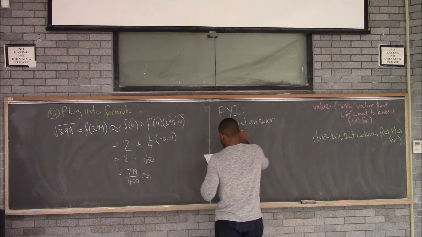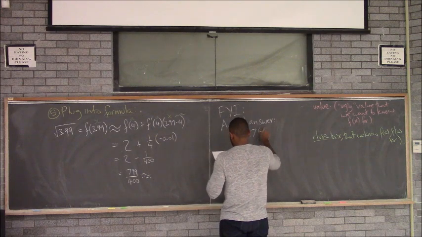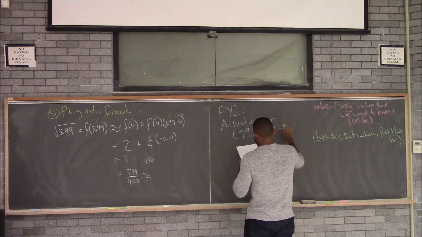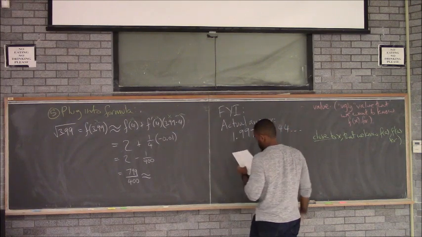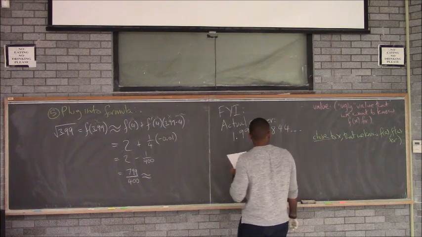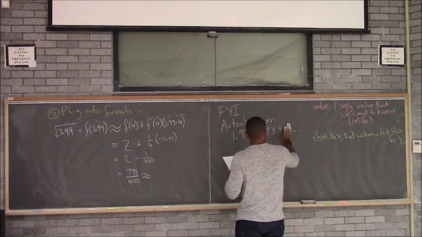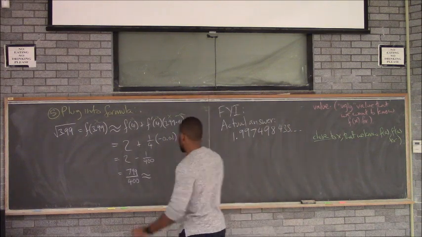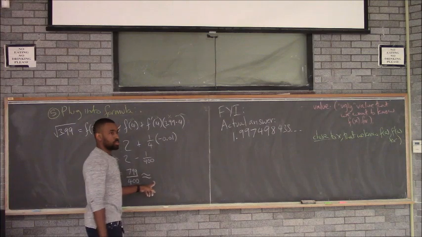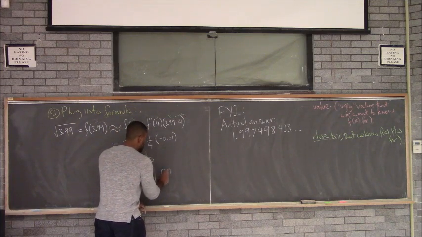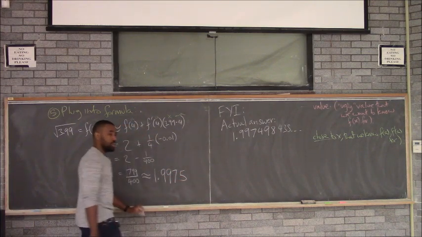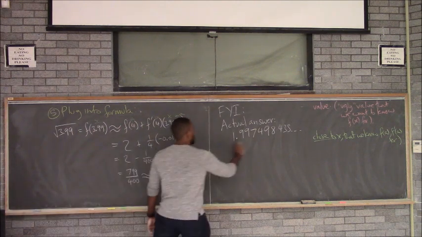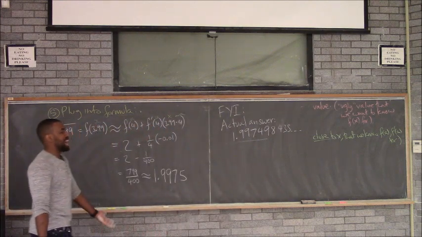It's 1.99749844. Rounded, that's 1.9975. I was correct up to 4 decimal places with rounding. By hand.